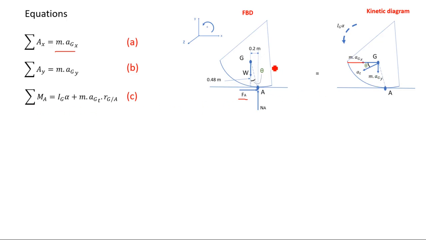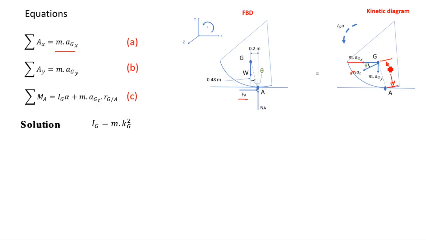For the moment around A, it's going to be W multiplied by 0.2, and this will be equal to I_G alpha plus m a_t multiplied by that distance, which is 0.52. And thus we are going to be able to find the value for alpha, then go back to the calculation of the acceleration a_t, then we can find the values for N and F.